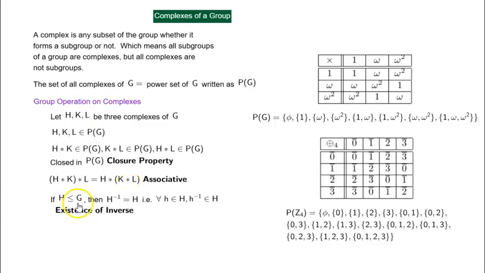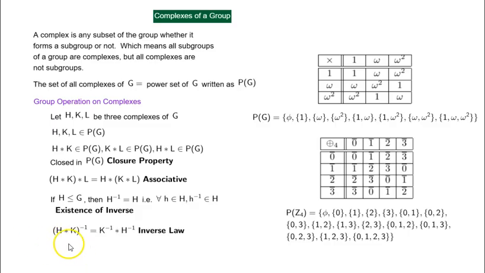If H is a subgroup of G, then H inverse is equal to H. That is, for all h in H, that is for all elements in the subset H, the inverse of that element is also in H. So that would be existence of inverse.